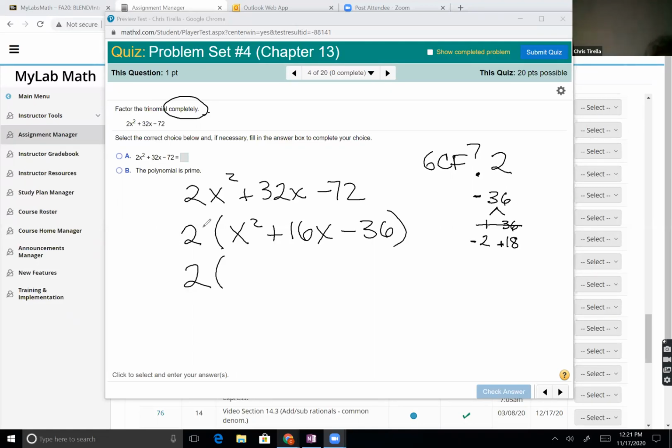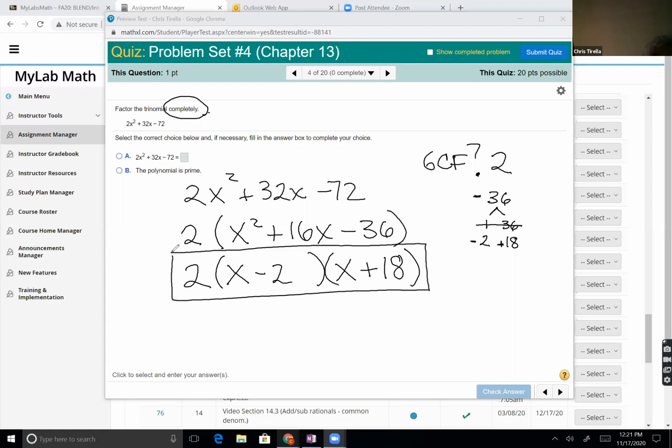So again, don't lose your 2. X squared is x times x. -36, if we think of that as -2 times positive 18. When we check by FOIL, it should give me that 16x in the middle.